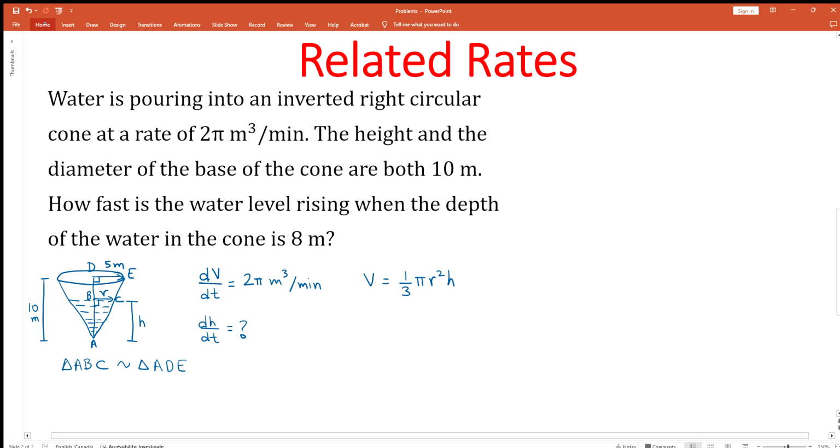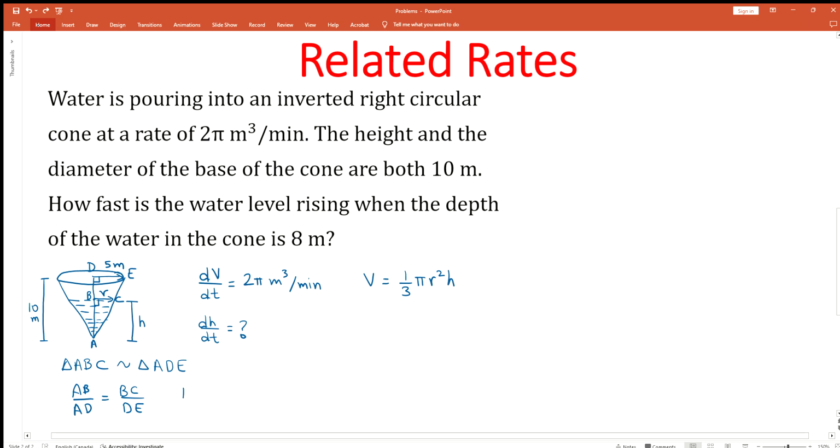In similar triangles, corresponding sides have the same ratio, and in these two triangles, the corresponding sides are AB and AD, and this ratio should be equal to BC over DE. We can use this equation to find the value of r in terms of h, because we want to do the substitution for r in the volume equation to find dh/dt.